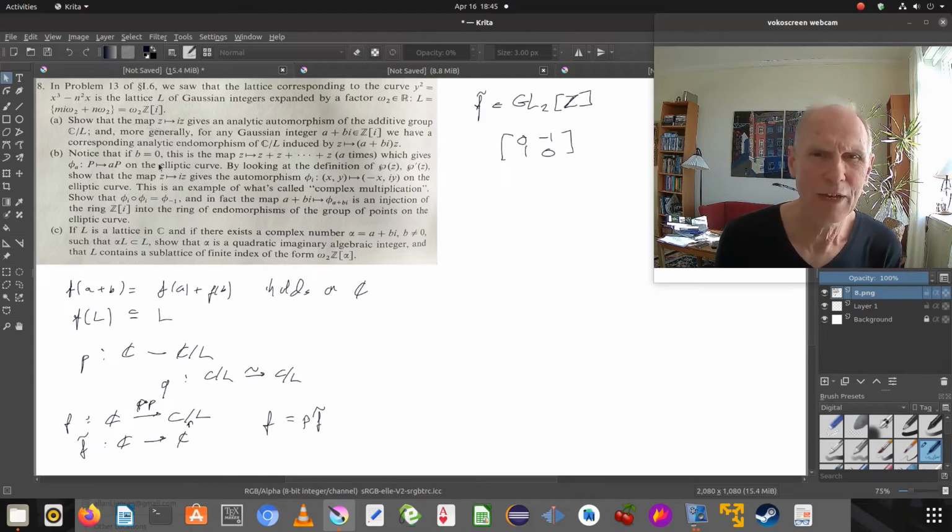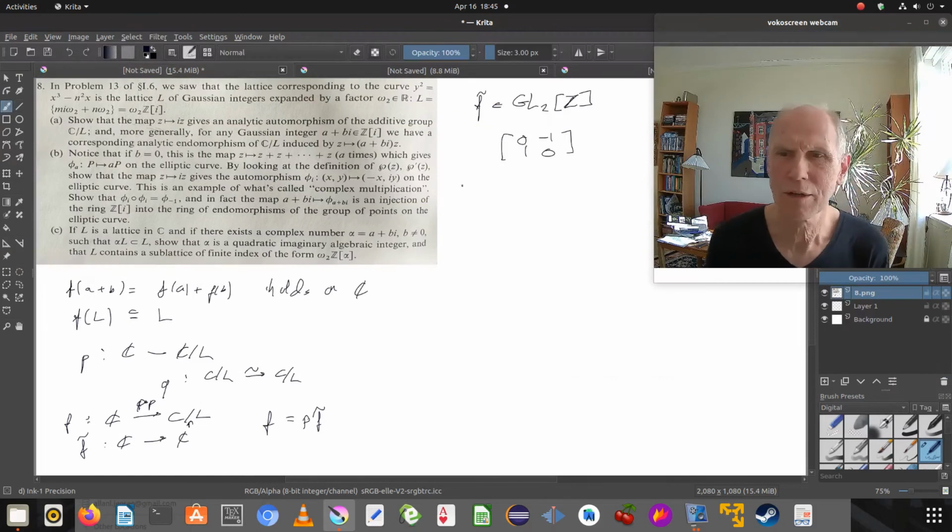If B vanishes, then the map, by looking at the definition, show that the map gives an automorphism on the elliptic curve. So we have to find formulas here for the Weierstrass elliptic function for iz.